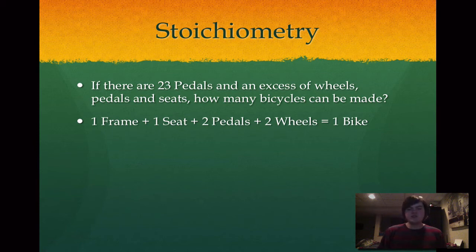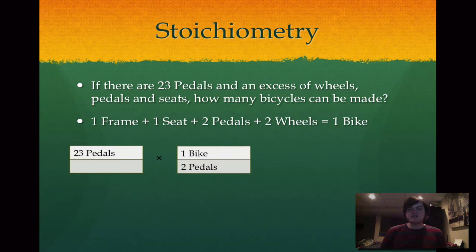Well, we're going to start with the given information. We have 23 pedals, so we'll start with that. We write what we know. Step 2 is times in a line, so I'm going to put a multiplication symbol here. Next, we want to cancel out pedals, and ultimately our goal is to be in bikes. So we put pedals on the bottom and bike on top.